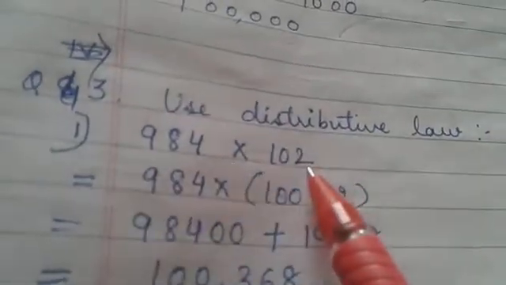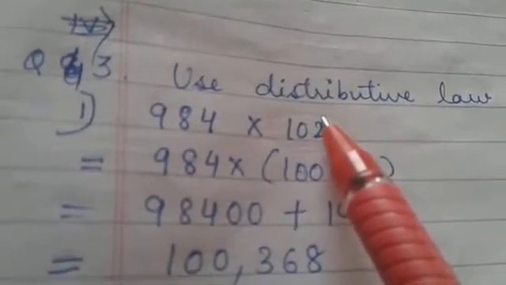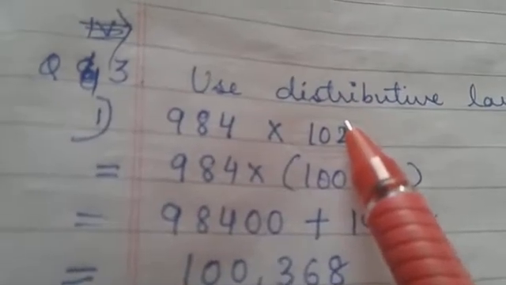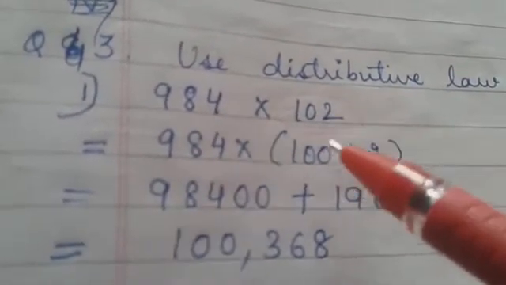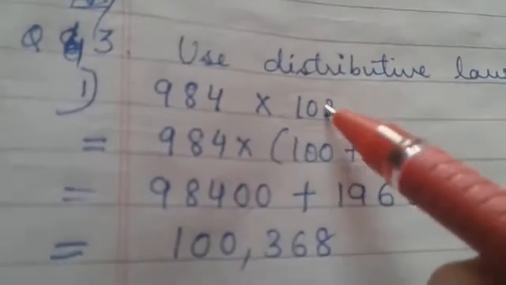So 984 multiplied by 102. Now I know how to expand 102. We have done it in lower classes also, expansion, right from first and second standard. So 102 can be written as 100 plus 2. This is called expansion, and this is called the short form of this.